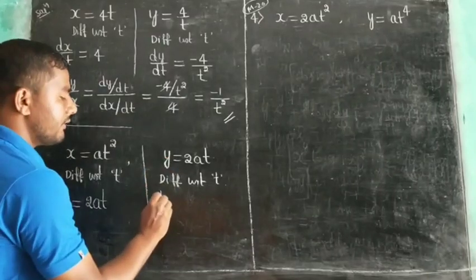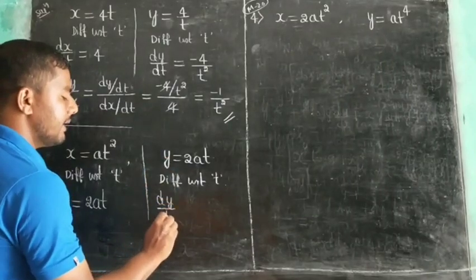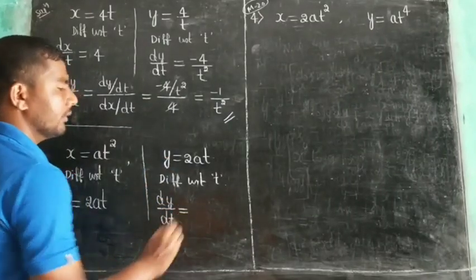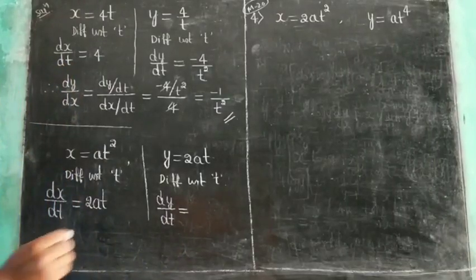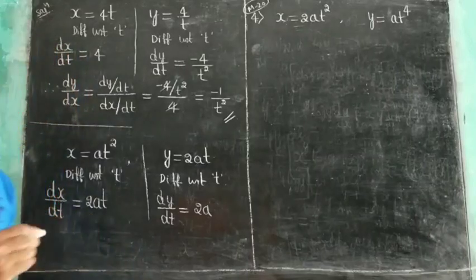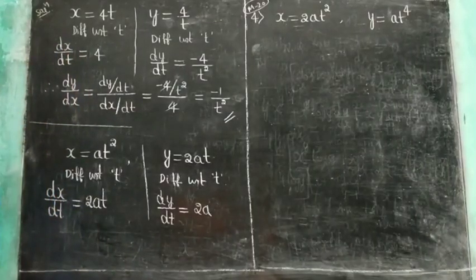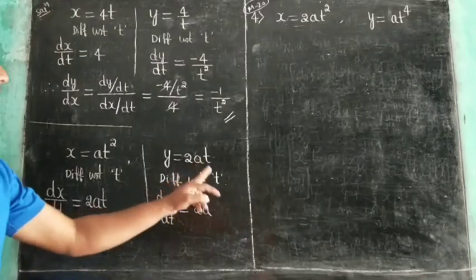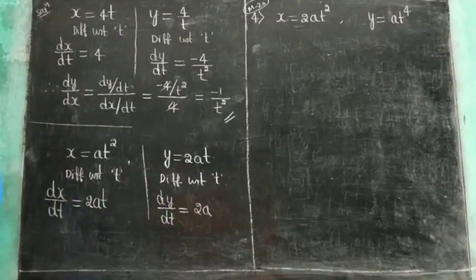Next, similarly differentiate with respect to t. What is the derivative of y with respect to t? dy divided by dt is equal to 2a, which is a constant. Take 2a as it is. What is the derivative of t with respect to t? x with respect to x is 1, so t with respect to t is also 1.